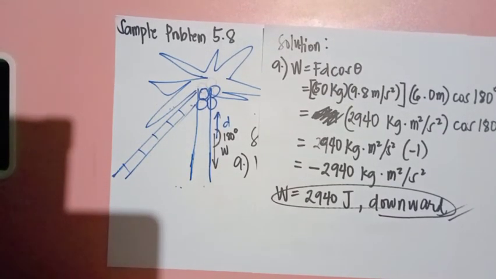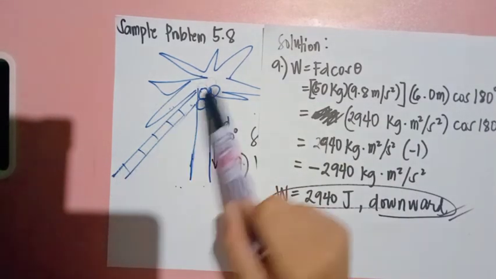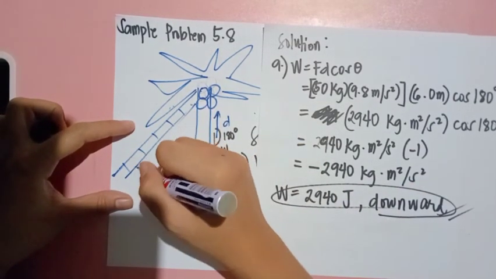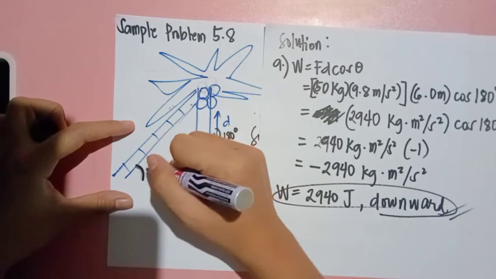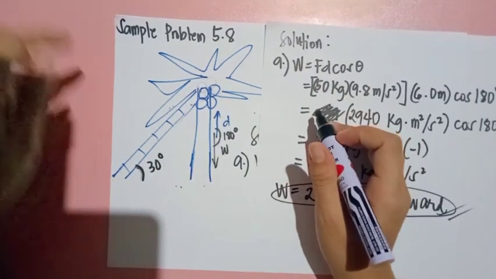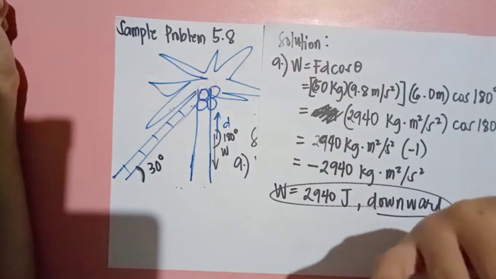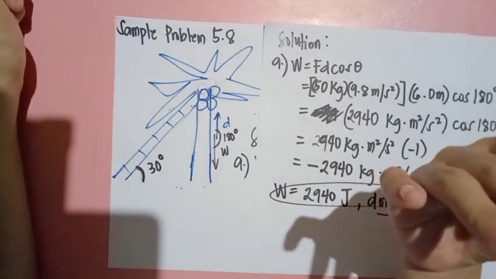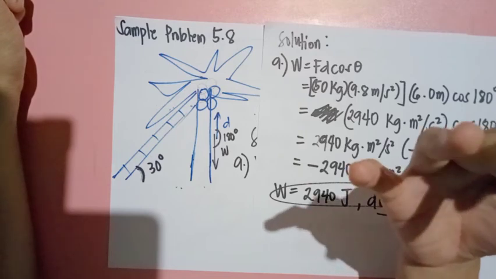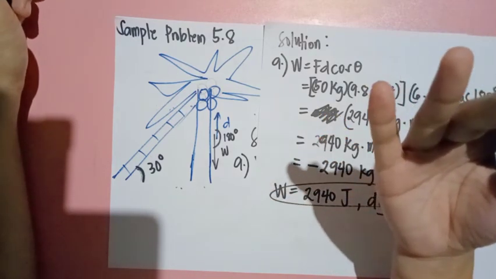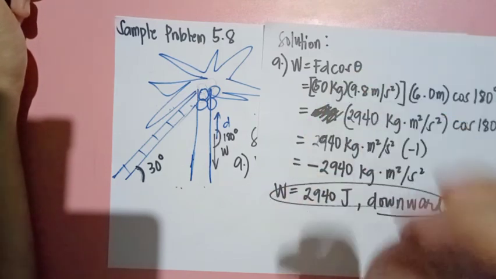That is because we are dealing with an inclined plane here, inclined at 30 degrees. You can go back to the previous video where I discussed the work done by the gravitational force in sample problem 5.1.